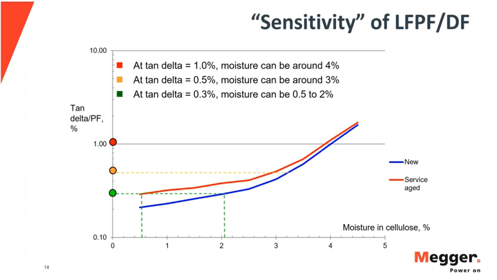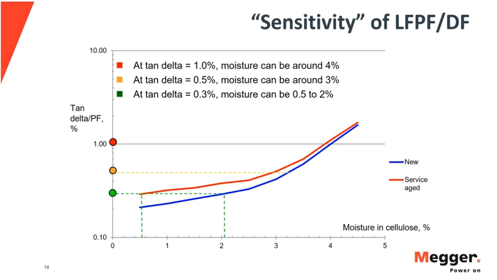So in spite of its eventual sensitivity to moisture that seems to occur around that 3% mark, dissipation factor, even at that point, is still only 0.5% if you look at this orange dotted line. So moisture content almost 3%, power factor around 0.5%.